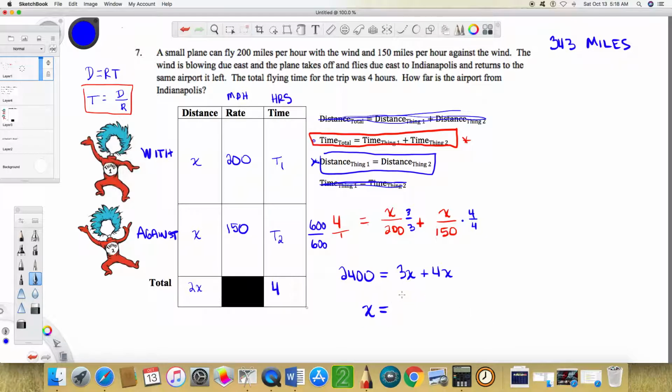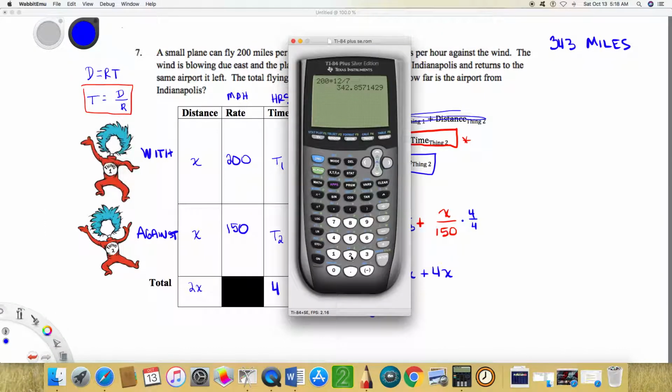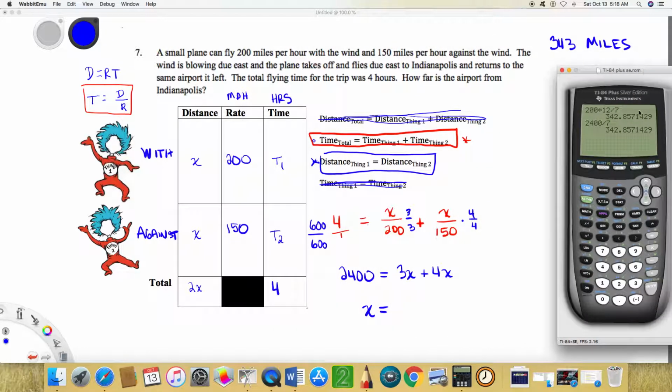And 2400 divided by 7 is the same answer, 342. Well, we'll just call it 343.